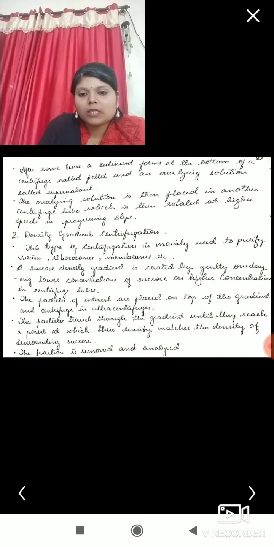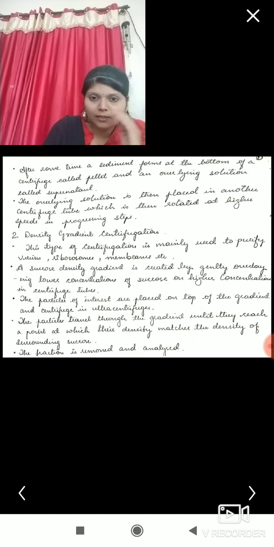The particles then travel through the gradient until they reach a point at which their density matches the density of the surroundings. Till there the rotation is going on and the settlement will be happening. Thereby the fraction is removed and it will be analyzed.